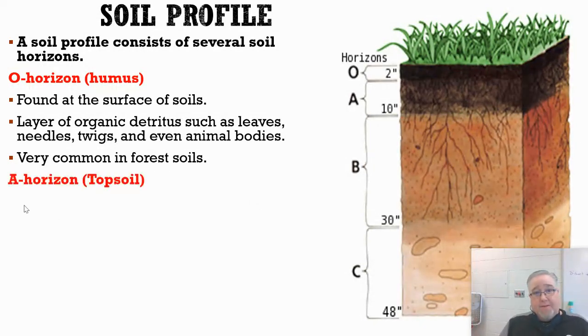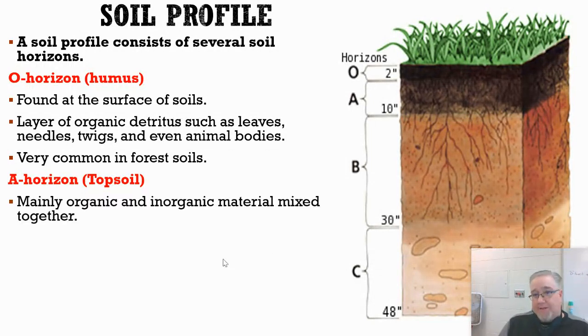Now, the next layer down is called the A horizon. It's also known as topsoil. You've probably heard of topsoil. You can go to Home Depot and buy bags of topsoil. Topsoil is below the O horizon, and again, it's usually about 10 inches or so. It kind of varies. Don't necessarily think that these numbers are definite things. They're not.